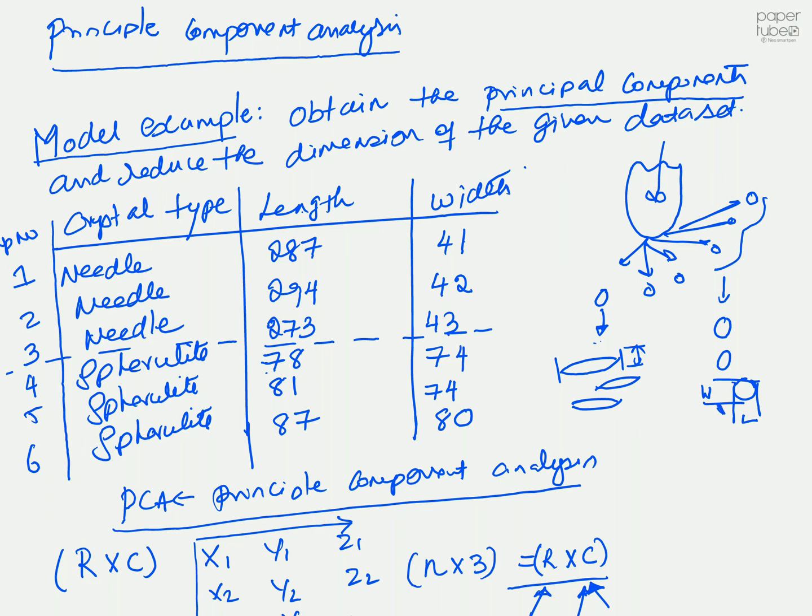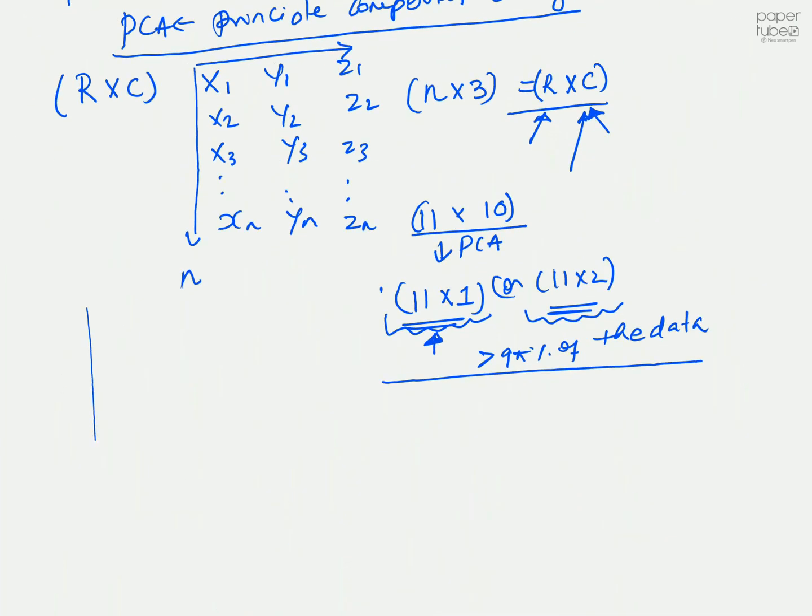If you plot this given data in a small graph, say you put length on the x-axis and width on the y-axis, say 200, this is 400. Let's assume length and width are expressed in microns, and let's say for width you have 100 here, and 0, 0 on the axis.